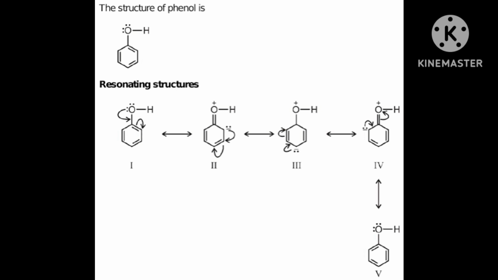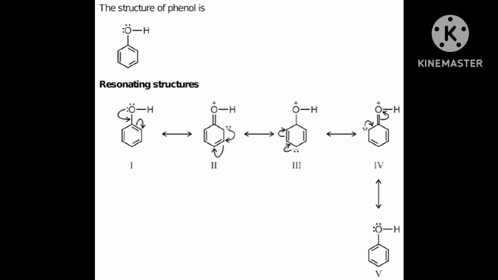That is the only difference. In phenol 2 lone pairs of electrons are there, but here 3 lone pairs are there. That's why phenoxide ion is more stable than phenol. Phenol molecule is less stable than phenoxide.